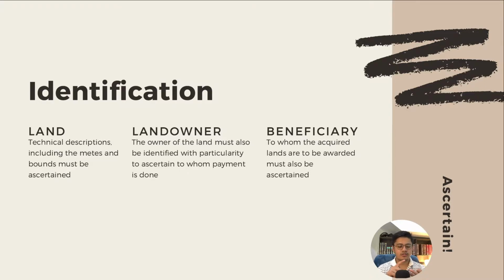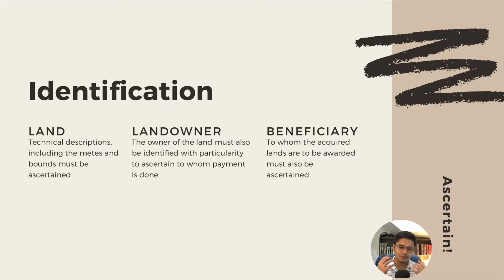All right? So, in the process of identification, we have to identify first the land. Now, we identify the land through the technical descriptions, which would show the meets and bounds, the location, the address of the land, etc. There are too many technical items in the rules which I will not include.